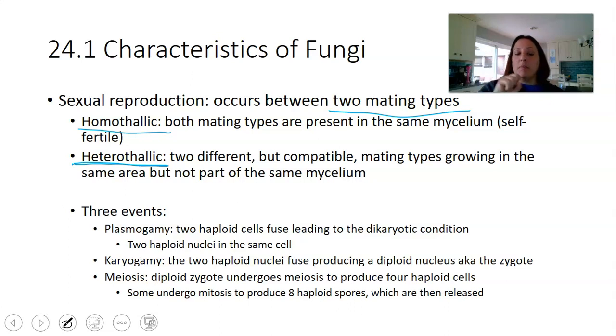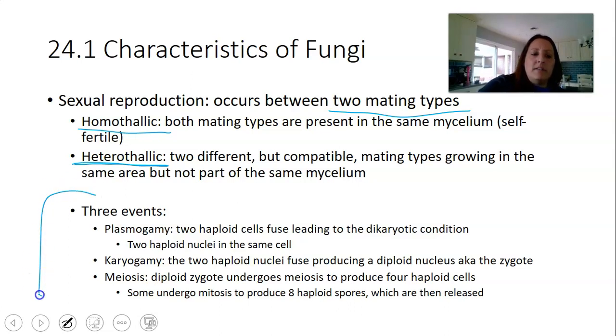Then you can get sexual reproduction. So you can have two mating types within the same mycelium. That's self-fertilization, called homothallic. Heterothallic is two different mycelia with two different mating types that end up coming together. I'm going to show you some pictures of this as well.